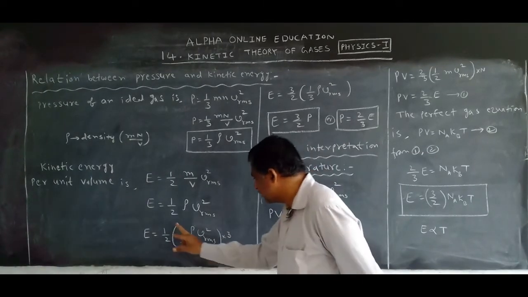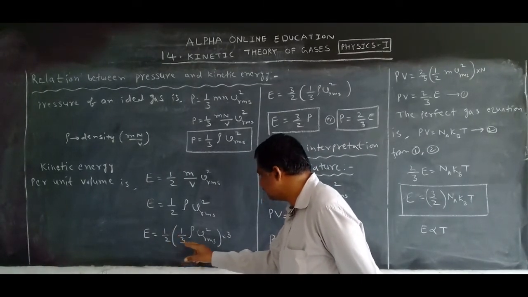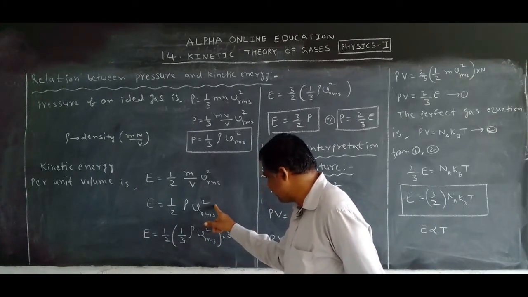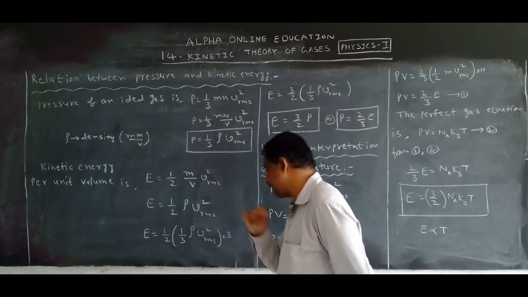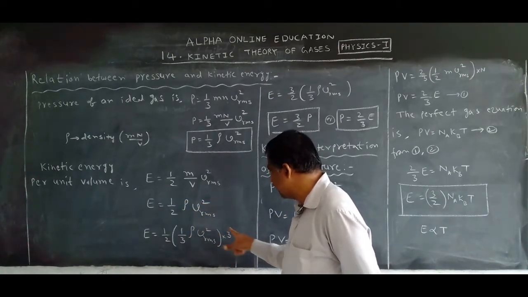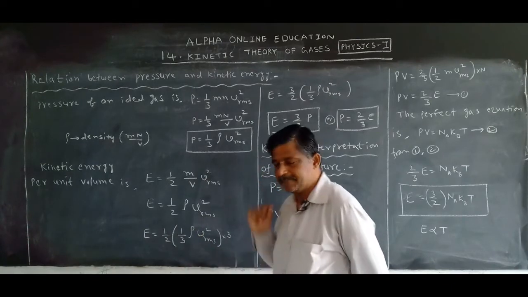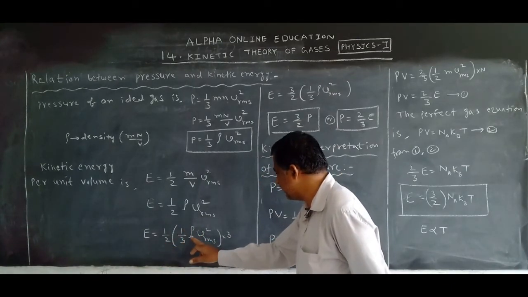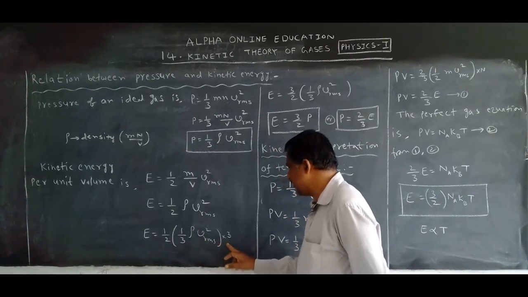Now I multiply this equation by 3 and also divide by 3. So E is equal to half into 1 by 3 rho V RMS square into 3.